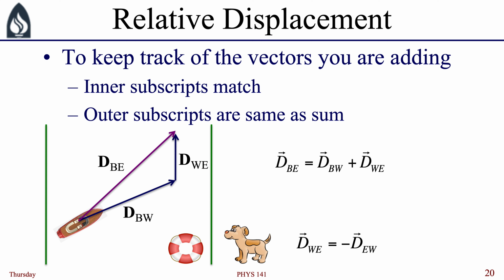So let's say that we have a boat that is going across a river. If the river were not flowing, this would be the displacement of the boat with respect to the water. But since the river is flowing, the water moves, and this second vector shows us the displacement of the water with respect to the earth.